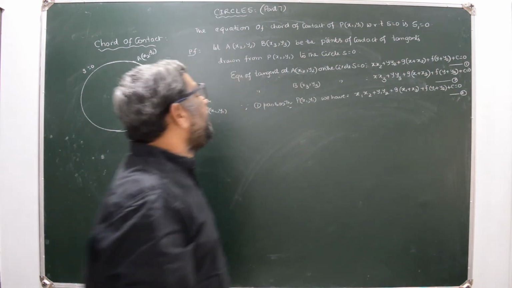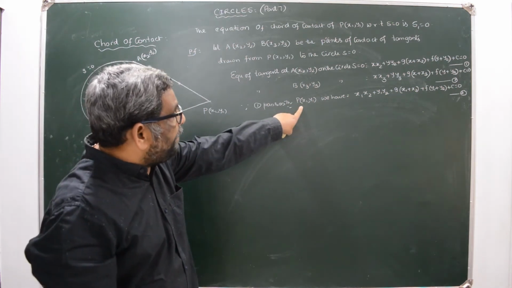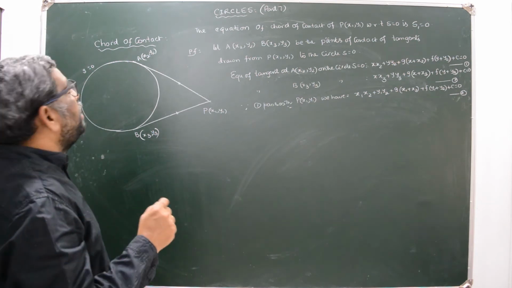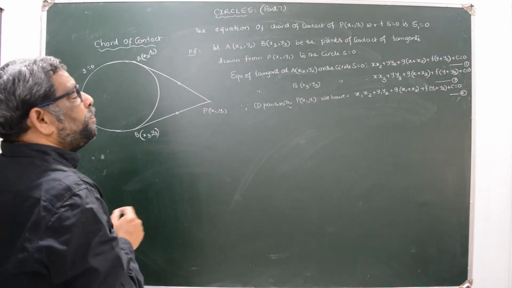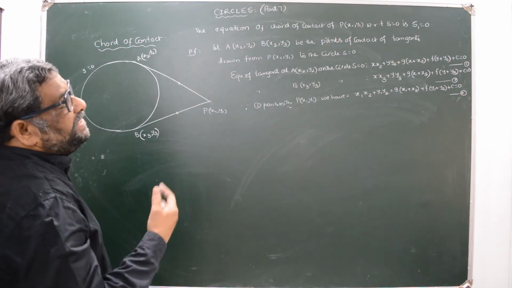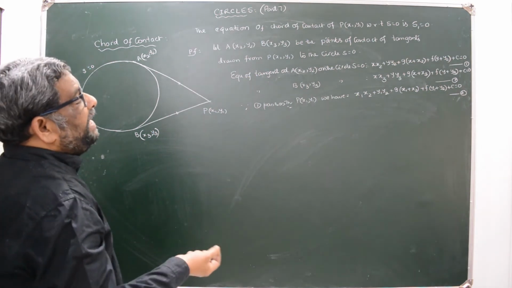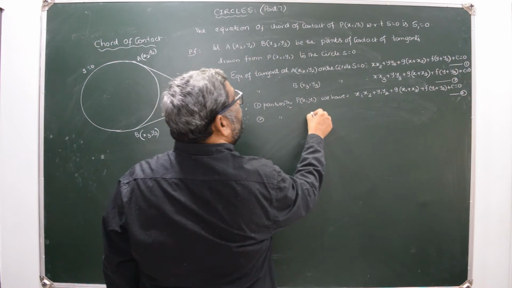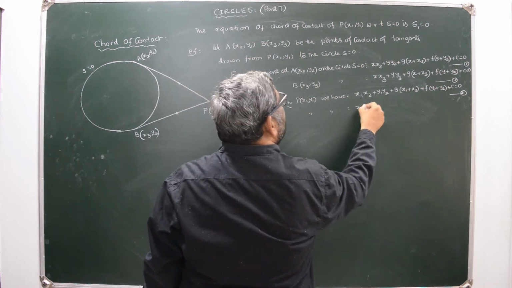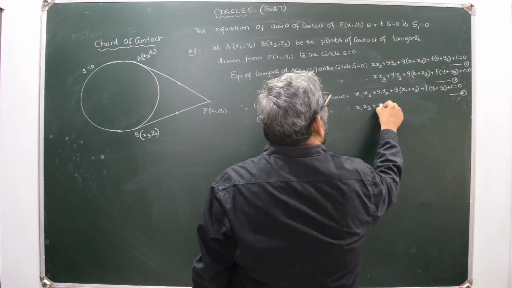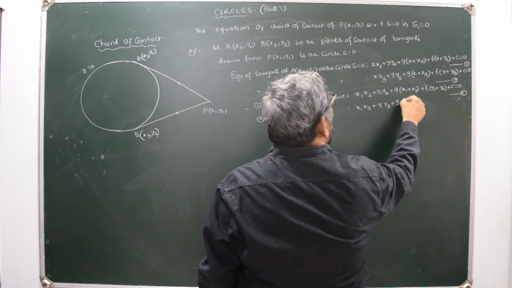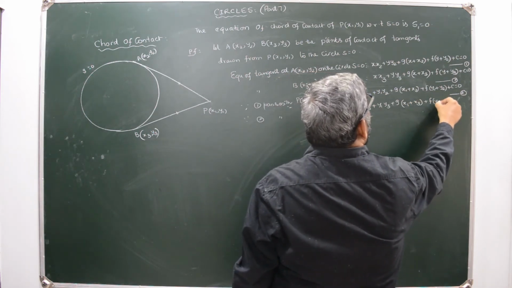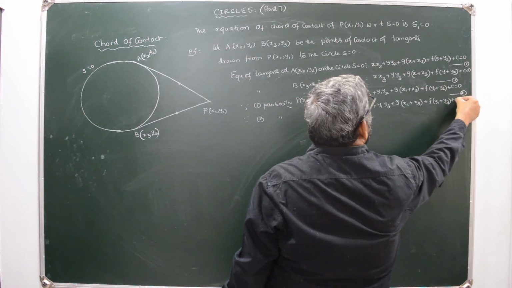Here, 1 is the tangent drawn to the circle at the point A and it is passing through P. Therefore, P must satisfy the equation, which means you replace x and y with x1, y1. Similarly, 2 also passes through P. Then we have x1 x3 + y1 y3 + g(x1 + x3) + f(y1 + y3) + c = 0.